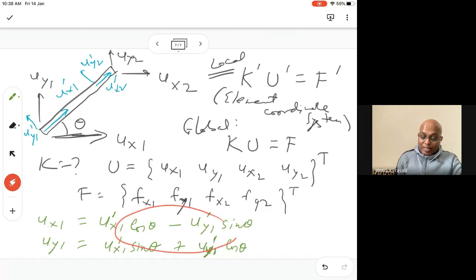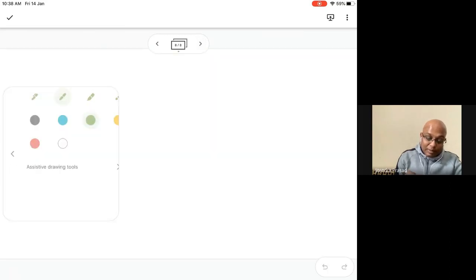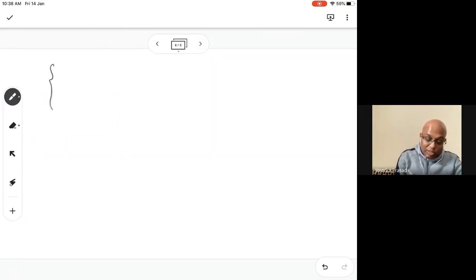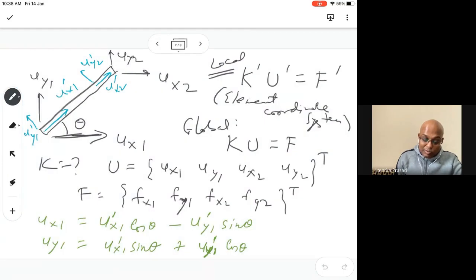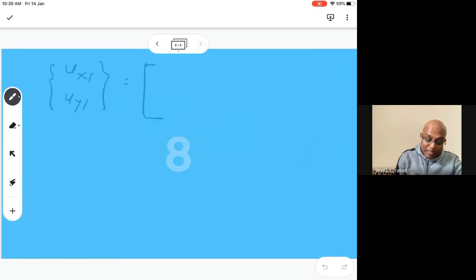Yes, and this local system, we can write now, this will be simply ux1 uy1 is equal to, we take this and this common, and then we get cos minus sine and so on.